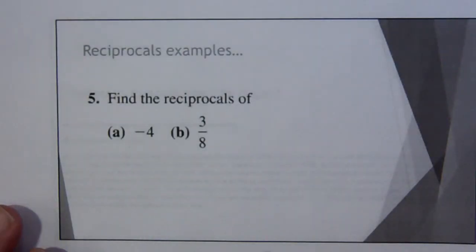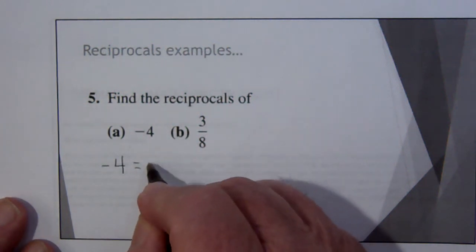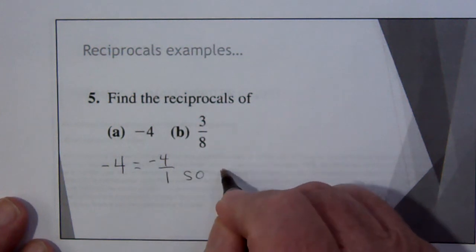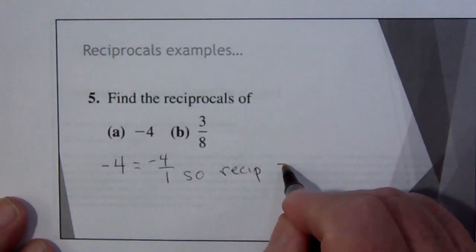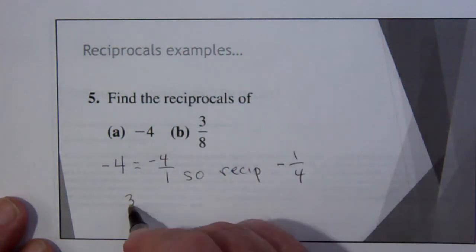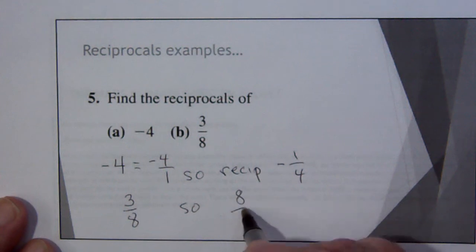For example, minus 4 is equal to minus 4 over 1. So the reciprocal is minus 1 over 4. The reciprocal of 3 over 8 is 8 over 3.